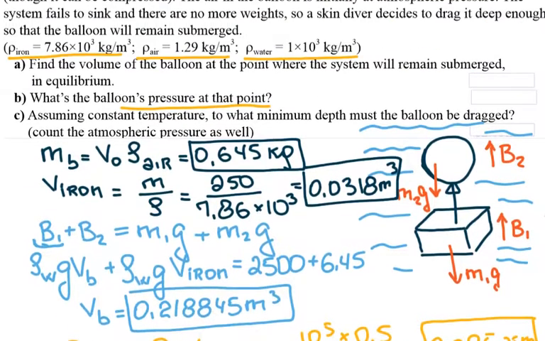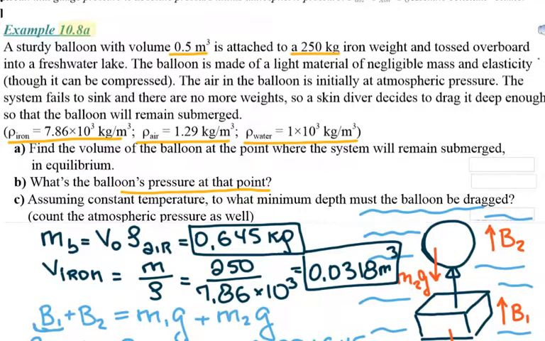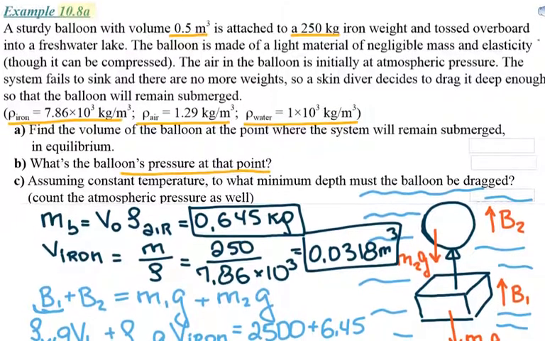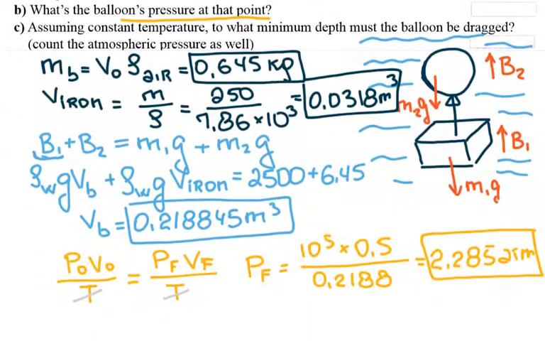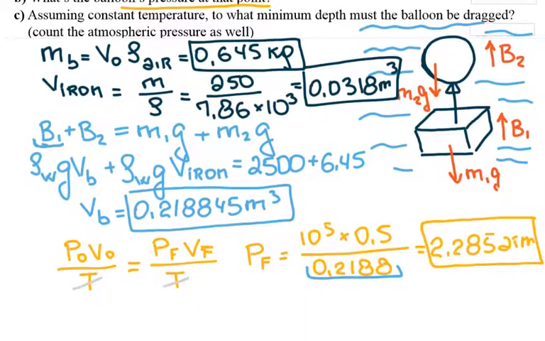The problem said that the initial pressure was 1 atmospheric, and the initial volume was 0.5 meter cubed. So I could plug into my equation, and I found the final volume of the balloon, and I used it to calculate the pressure in the balloon at that height. And then the last one, assume constant temperature. They already said temperature, that's why I canceled the temperatures here.